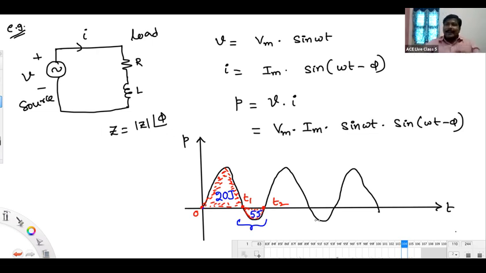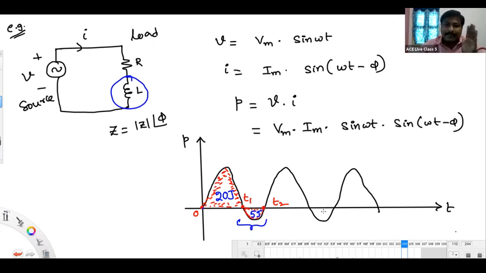See, why is it happening? A load is taking some excess energy first. Load is taking some excess energy than its demand, and it is supplying back. Why it is happening is because of this energy storage element existing in the model. So what is the behavior of the inductor? No, 15 joules is not apparent power.